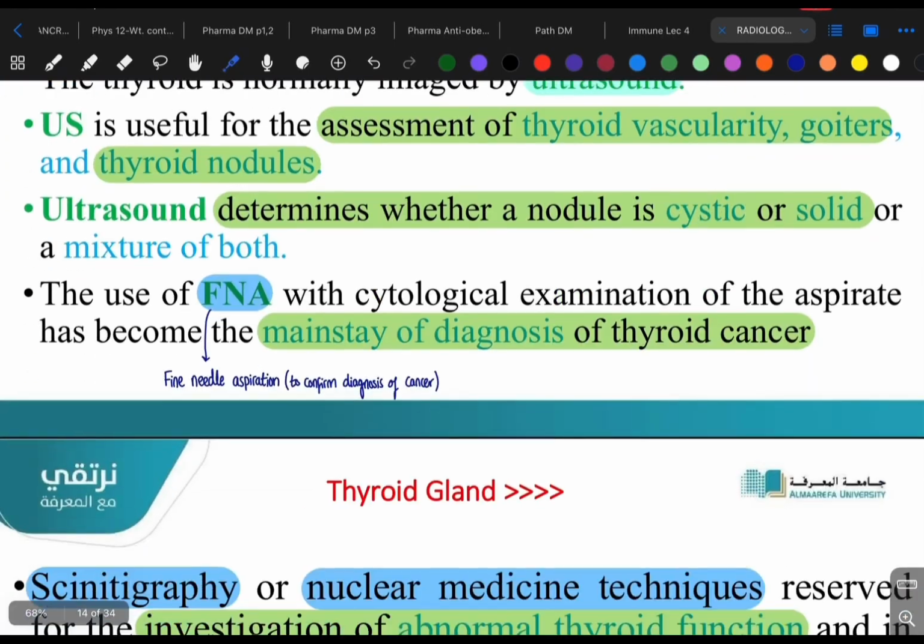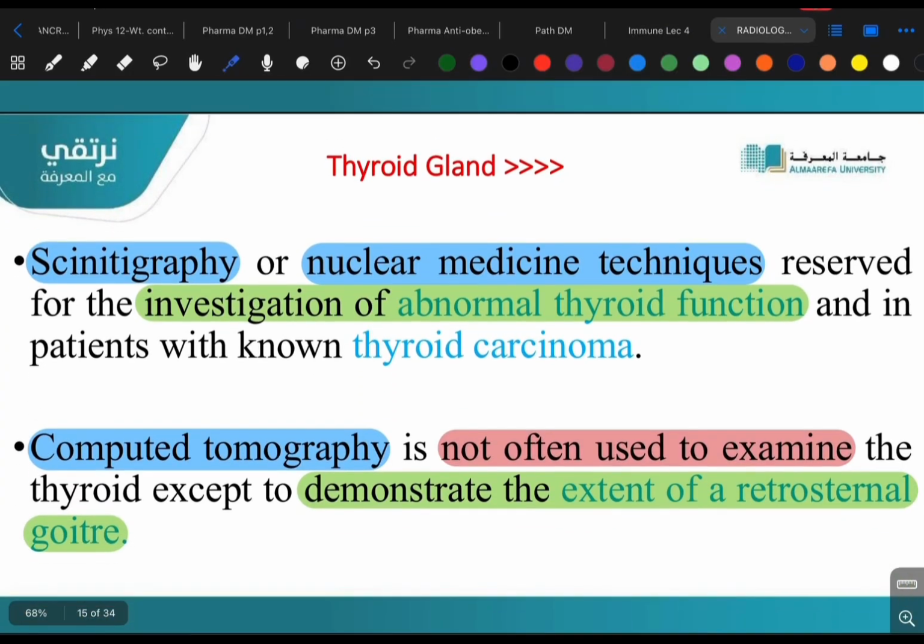Other modalities we can use are nuclear medicine techniques such as iodine. This is important for investigation of abnormal thyroid function. Remember in the introduction, when we were mentioning the different modalities, we said that nuclear medicine techniques are used to assess the function of the thyroid or parathyroid.